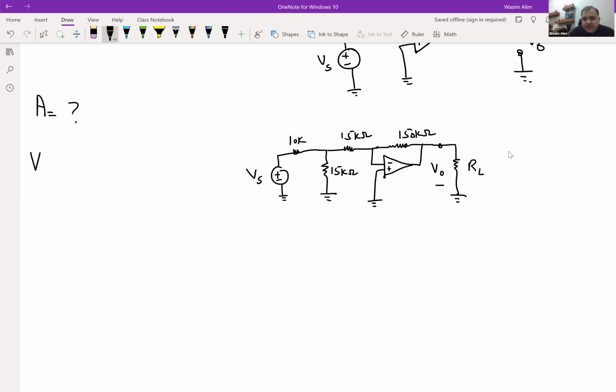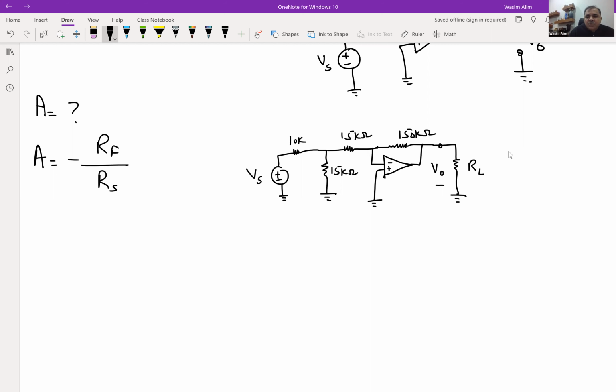Since we have observed that the feedback resistor is connected to the negative terminal of the op amp, it is an inverting amplifier circuit. So my gain can be represented as minus RF over RS.